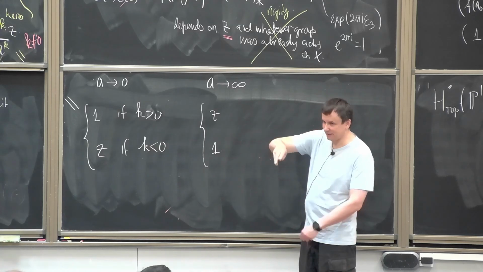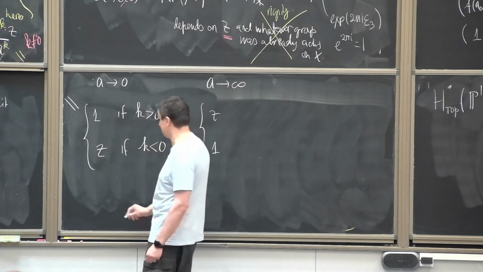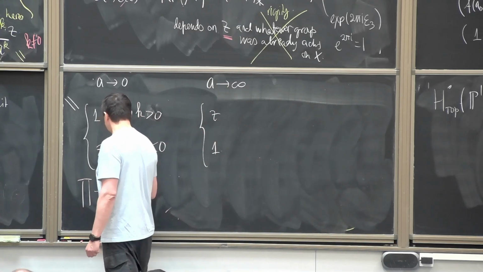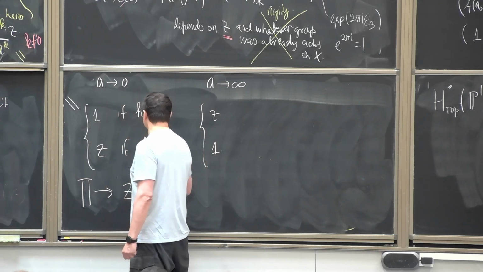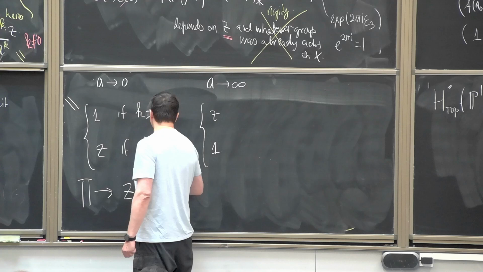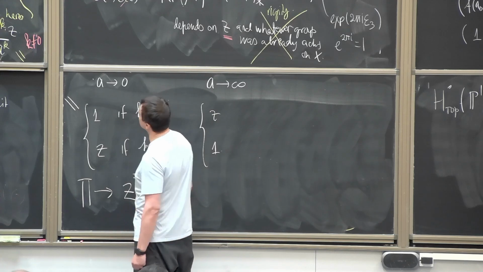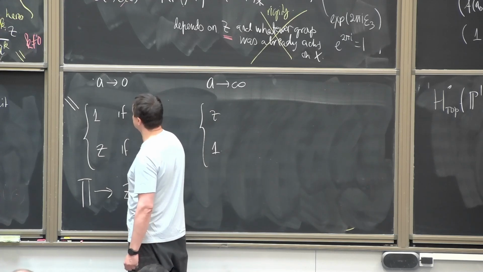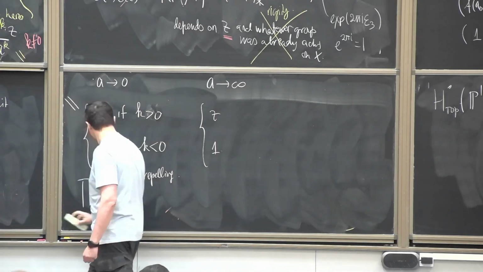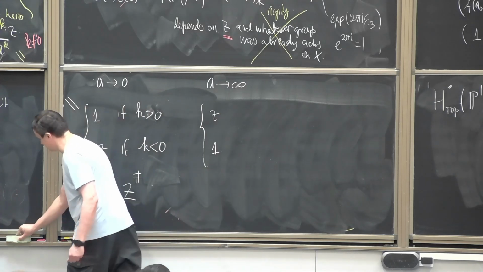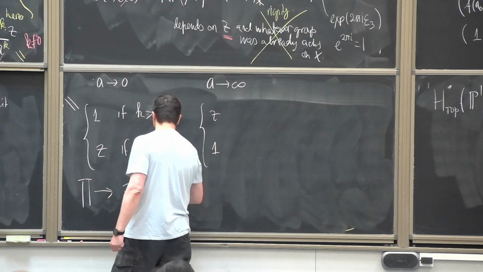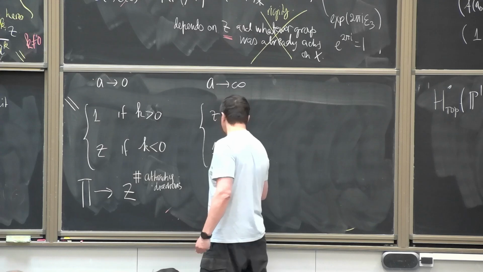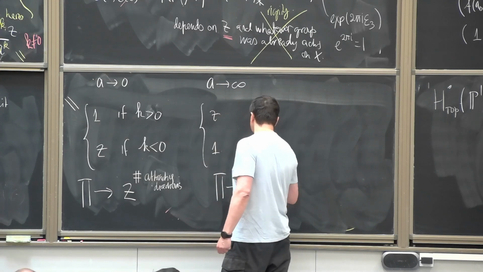And so, as Andrei indicates, the whole product goes to something like z to the power of the number of repelling directions. This is not actually attracting, because these are weights dual to this. This is the attracting directions. And here the whole product goes to z to the number of repelling directions.